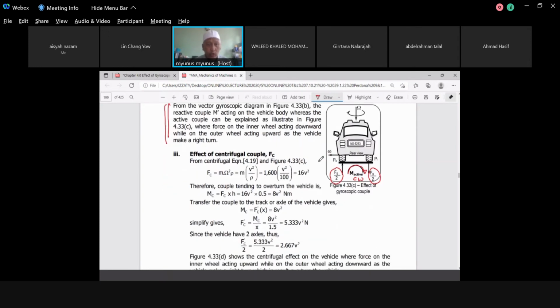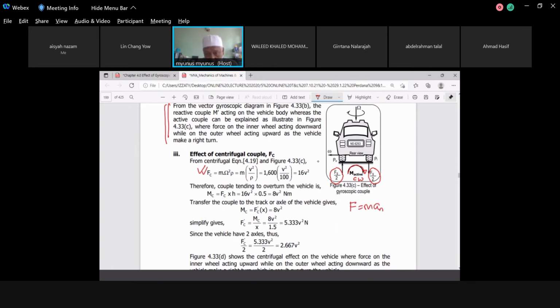So the next thing is talking about the effect of centrifugal. Centrifugal effects arise when you turn left and then turn right. If you don't turn left and right, there will be no centrifugal effect. Again, do not memorize the equation. You have to understand it on your own. This one is the equation that we use. Typically, you learn in dynamics F equals ma.